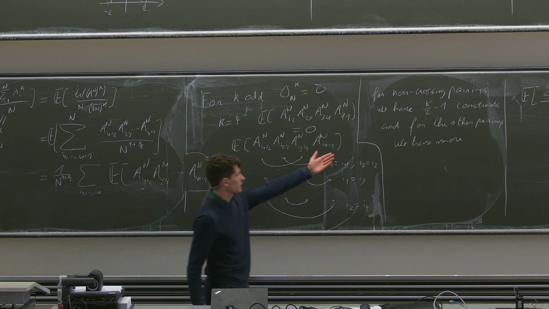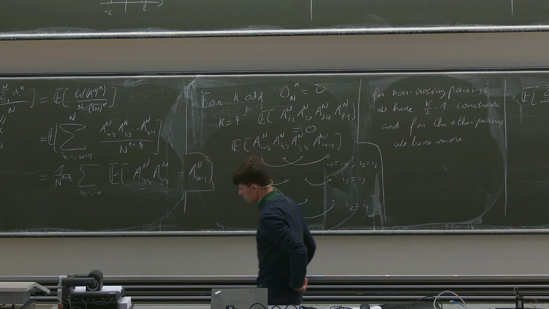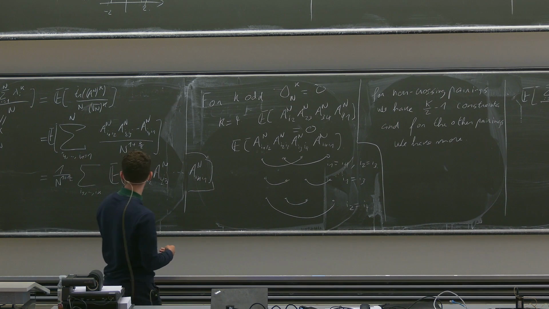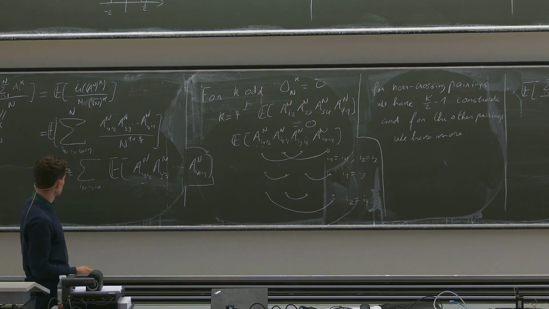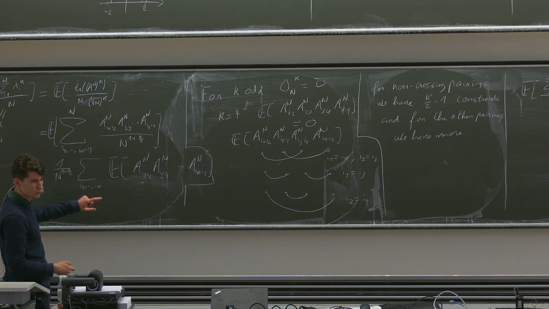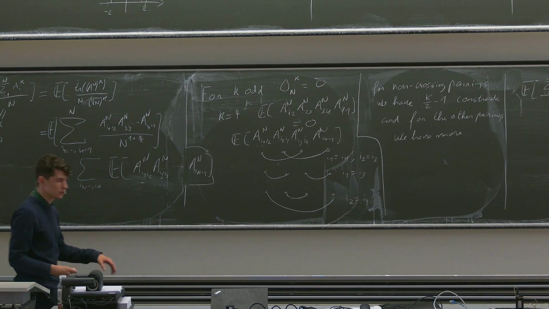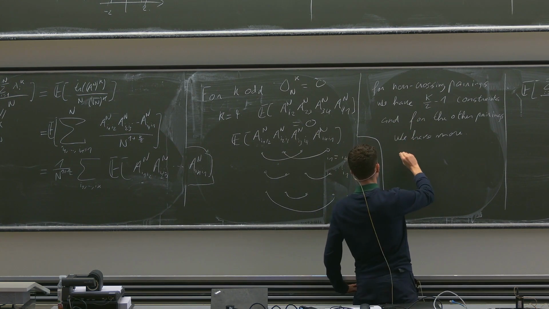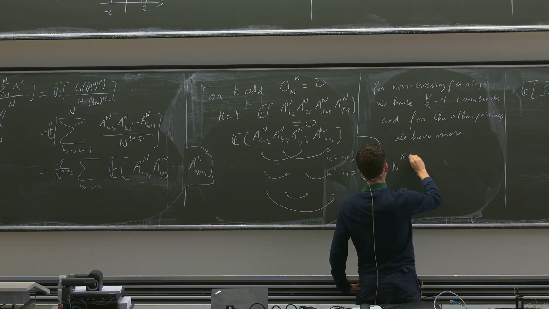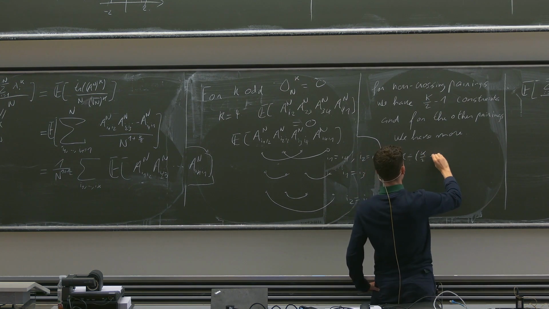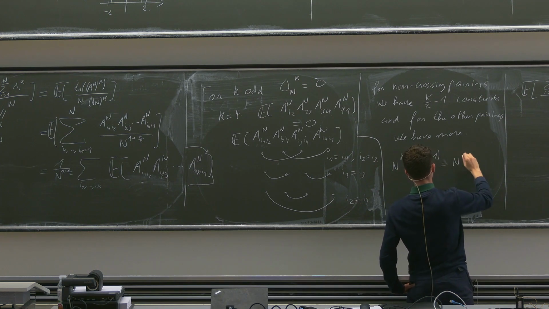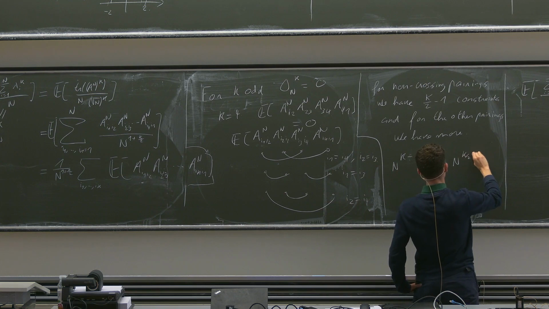And then what does it mean to have exactly k divided by 2 minus 1 constraints? Here you have n to the power k different choices of indices. Since you have k divided by 2 minus 1 constraints, you will have k minus (k divided by 2 minus 1) free variables, and this is just n to the k divided by 2 plus 1.